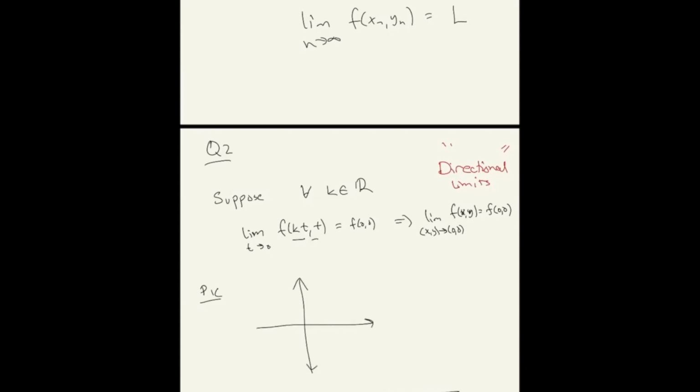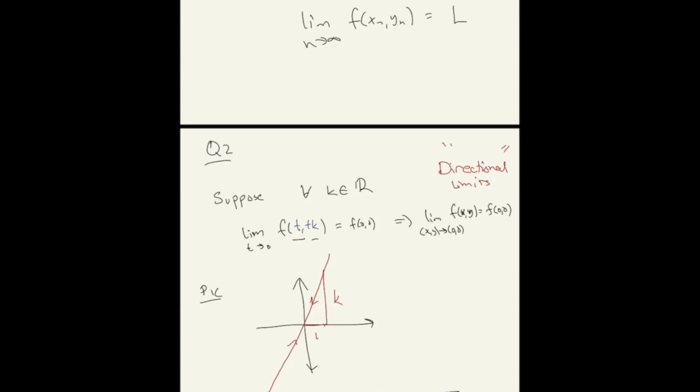As k varies, I'm varying the line along which I'm taking a limit, k being the slope of this line, and then I'm converging along that line. So we're approaching along those lines.